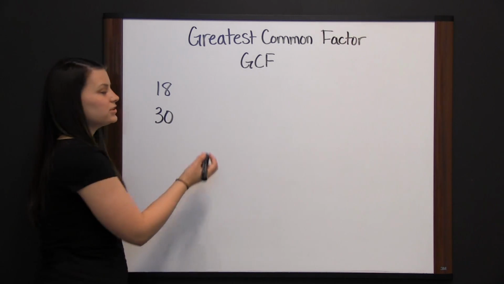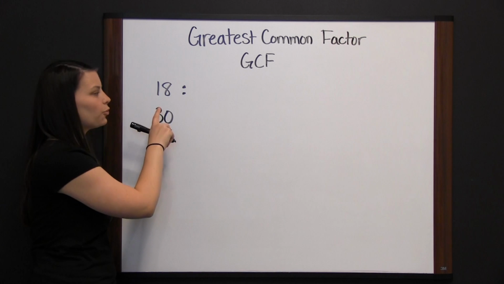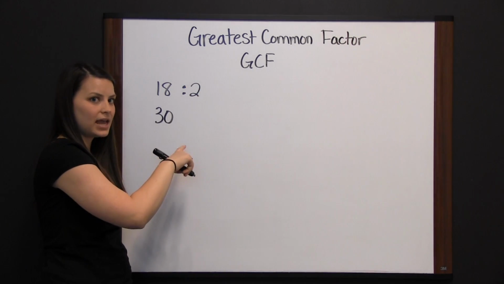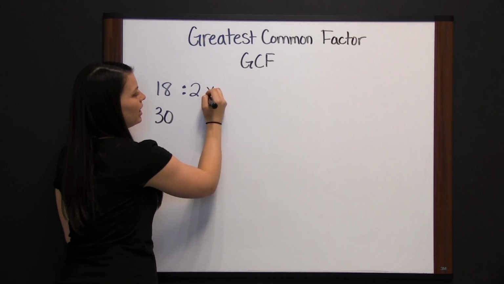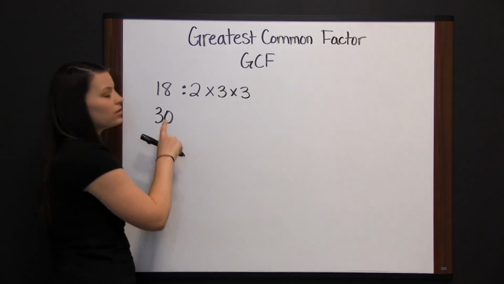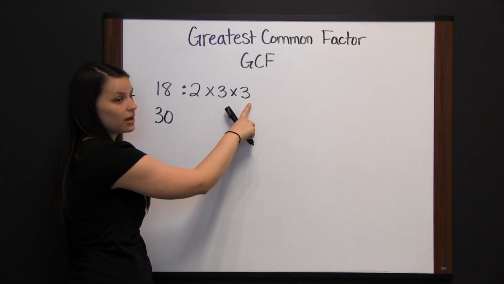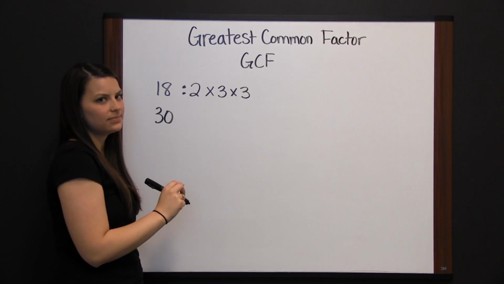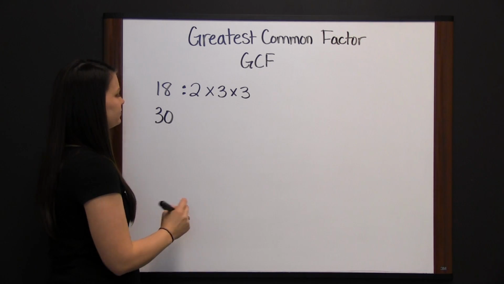So the prime factorization of 18: it's even, so it's divisible by 2. So 2 times 9 would be 18. 9 is not prime though, so we need to break 9 down. And the factors of 9 are 3 times 3. So the prime factorization of 18 would be 2 times 3 times 3. 3 times 3 is 9, times 2 is 18. I always like to check after I've factored to make sure I've got it.